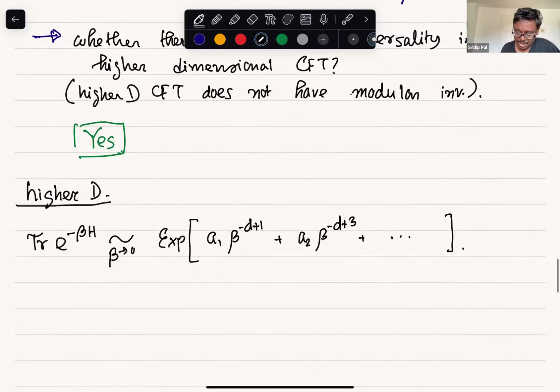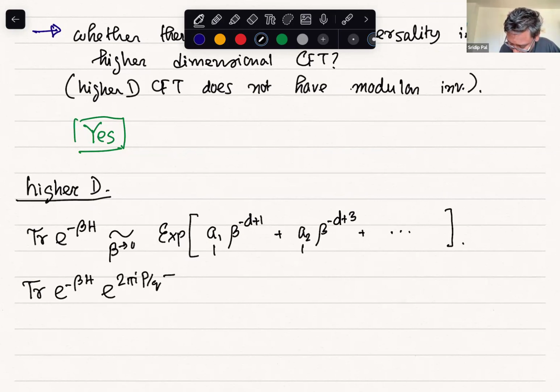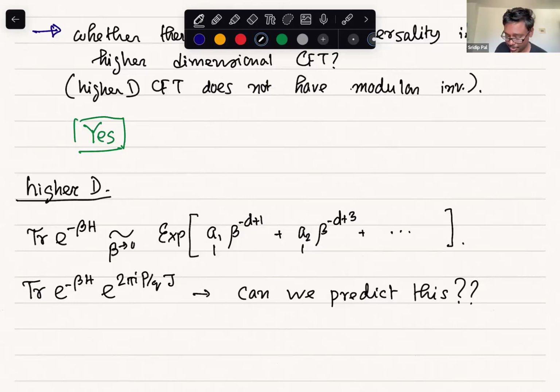And then the question is, someone tells you this quantity, where you know these coefficients a1, a2, and so on. Can we predict the behavior of trace e power minus beta h times e power 2 pi i p over q j? Can we predict this, if I know these coefficients a1, a2, a3, and so on?